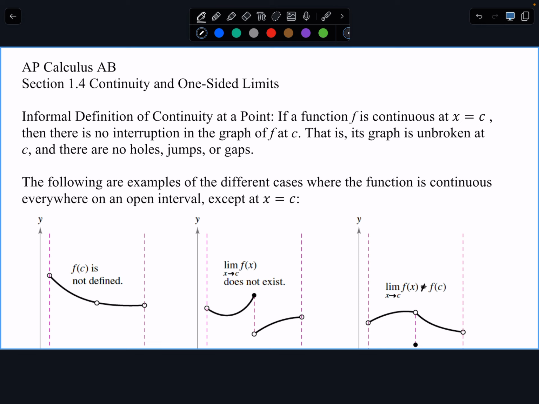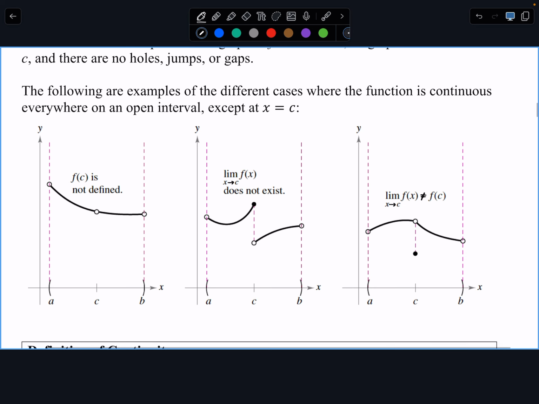The following are examples of different cases where the function is continuous everywhere on an open interval except at x equals c. So this first graph, f would be continuous on the open intervals from a to c, and then from c to b. This next graph would be continuous on the interval from a to c. C could actually be included, and we'll get into that based on now our knowledge of limits.